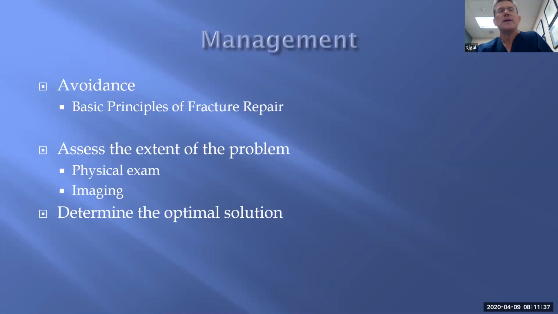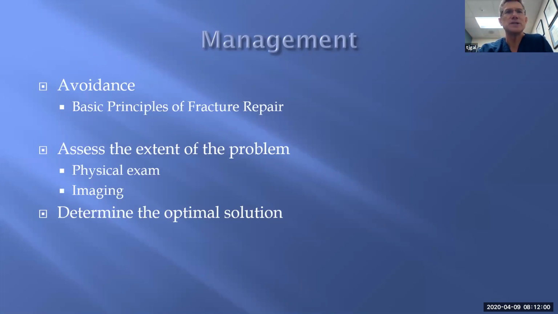And so primary management of these is preferentially avoiding them, with adherence to basic principles of fracture repair. Once they're there, though, and they do happen, if you do a lot of this, it does happen. So I was able to accumulate a good-sized number of cases for this talk.